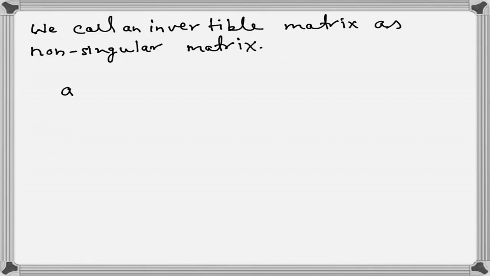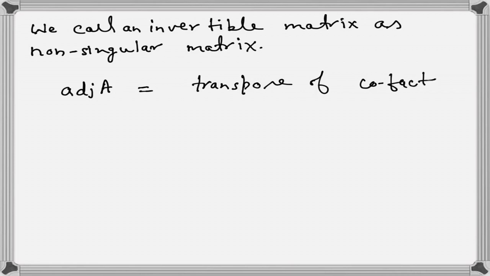So the adjoint of A is nothing but the transpose of the cofactor matrix. Now the question is, what is a cofactor? Let me explain all these things with a 3x3 matrix.